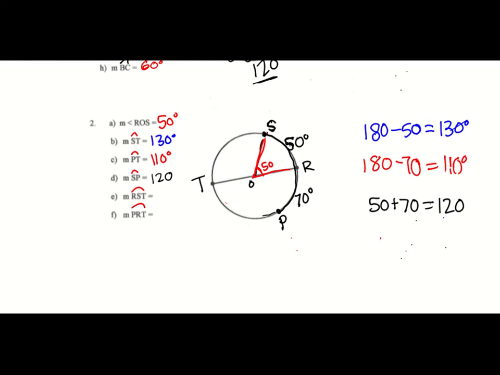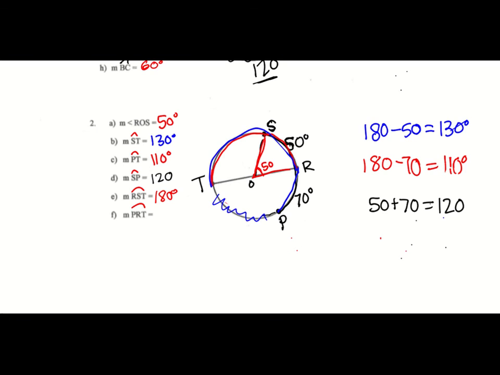Then we have RST. RST is this whole semicircle. That's an easy one. Semicircles are always 180. And then our last one, PRT. PR all the way over to T. So that means we want everything except for this piece right here.